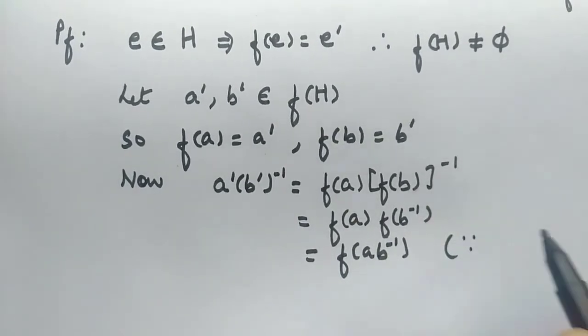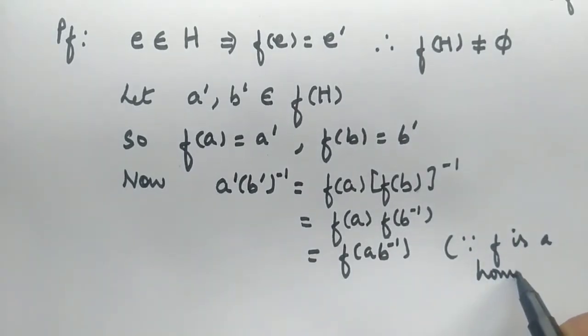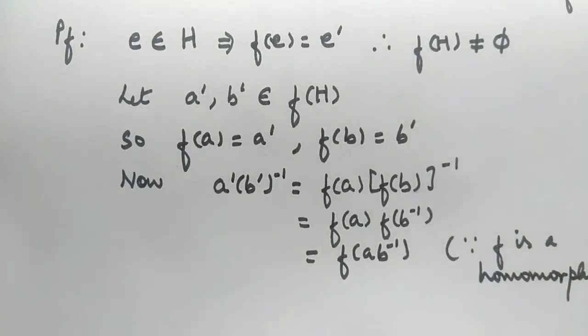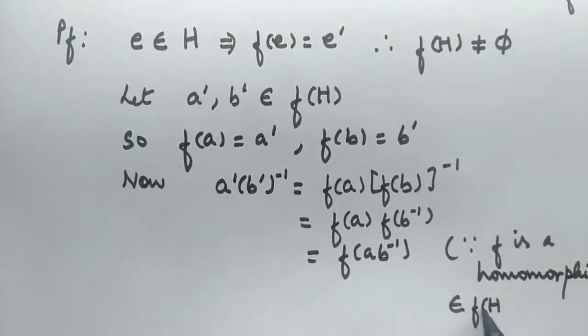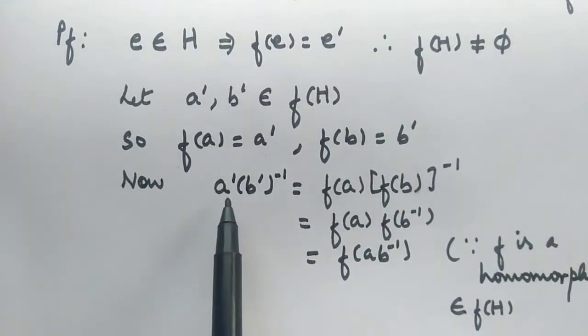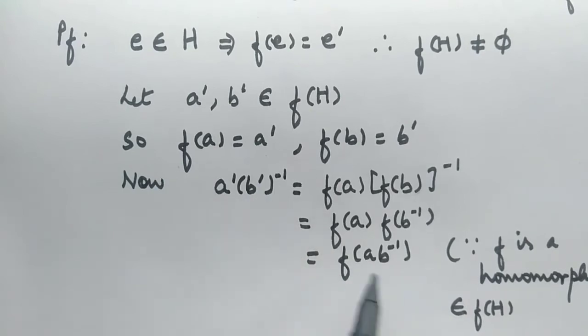Why? Since f is a homomorphism. Now we have to show that f(a b inverse) belongs to f(H). If we can show that this one belongs to f(H), we can conclude that a prime b prime inverse belongs to f(H).